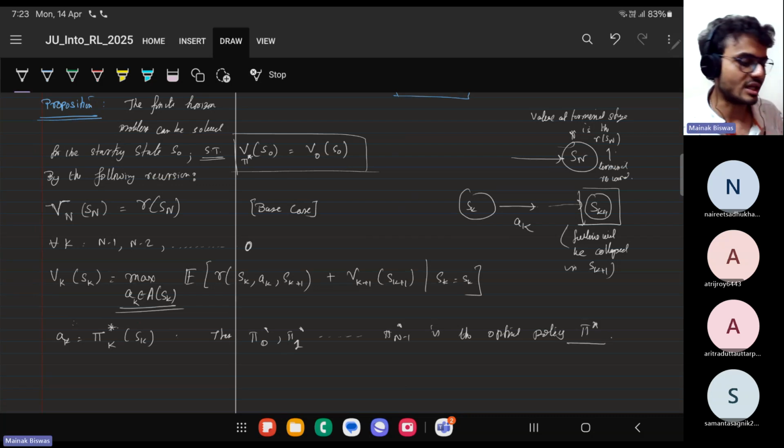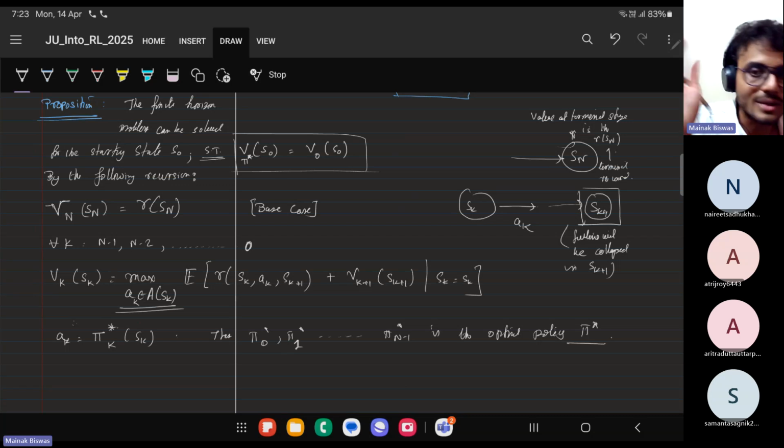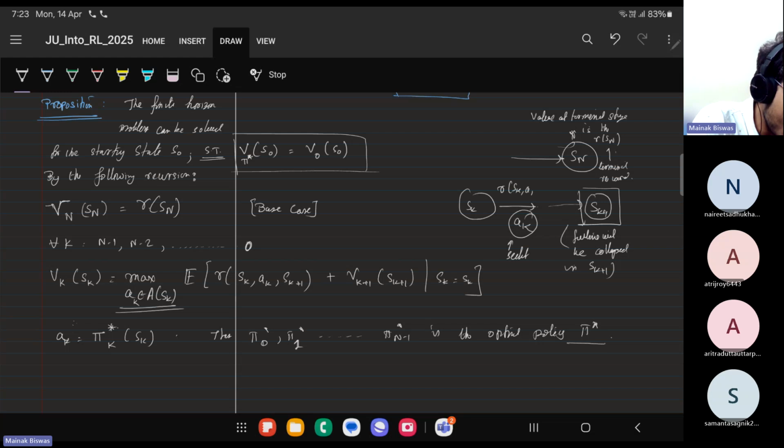Is the problem statement clear? What we have to prove is that you start from n and keep going backwards, and in each step you select the best action ak based on the reward r of sk, ak, sk plus 1 and the value of sk plus 1. Right? I'll take a pause for a moment before I go into the proof.